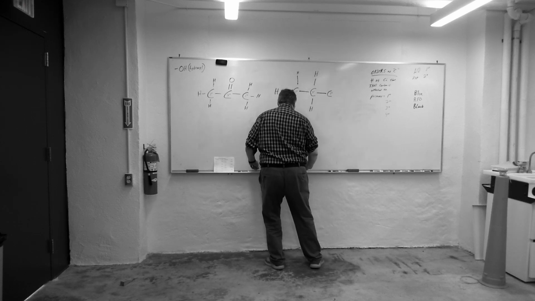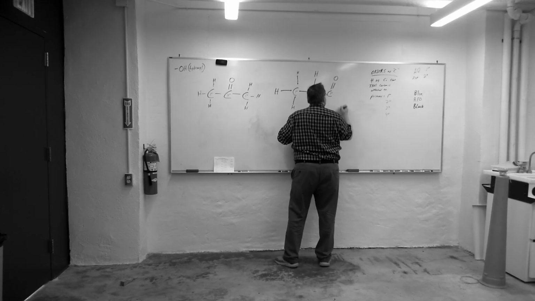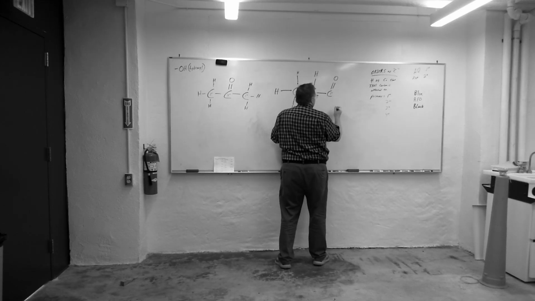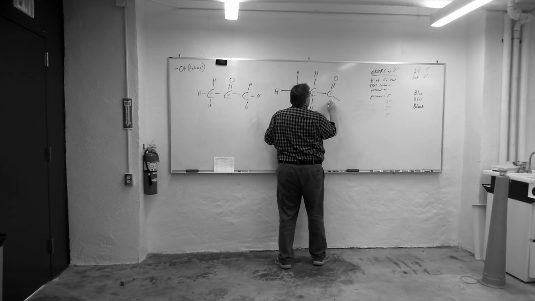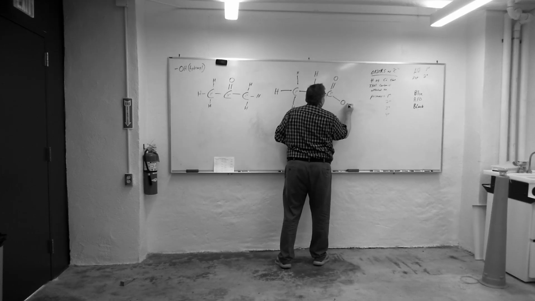Okay, let me draw it back. Where you use two oxygens. So if I do that, carbon still has 4 bonds. I put an oxygen here, and I'm going to do the OH like that.